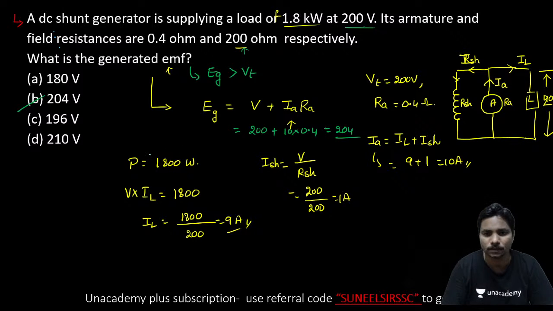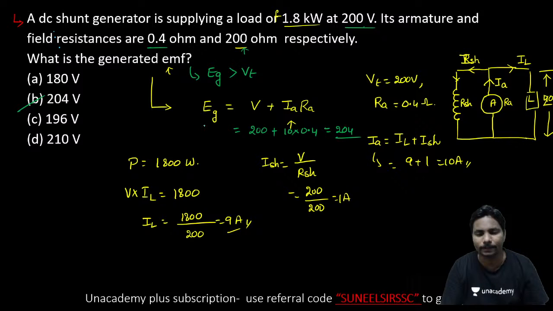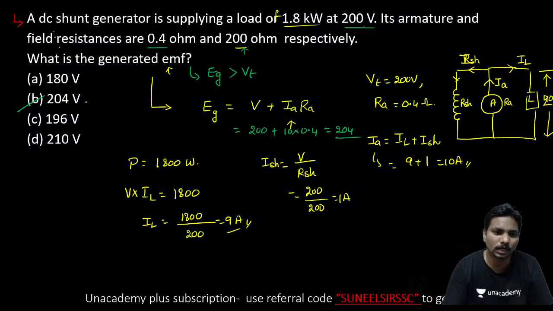So total 10 amps is the IA. Due to armature 0.4 ohms, 10 into 0.4 is 4 volts extra. 200 plus 4, 204. Like that you can do without using the pen also, but you will get that by practicing so many questions.